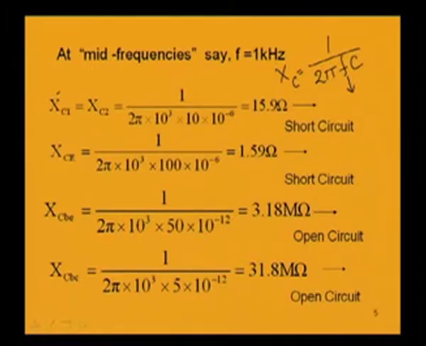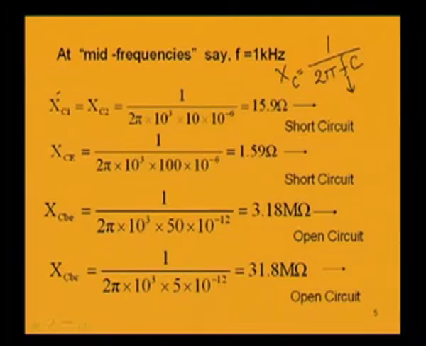Similarly, this XCE also will be significantly higher now, because this frequency is small, so these values will be high. So XC1, XC2 and XCE, these values will be higher now.